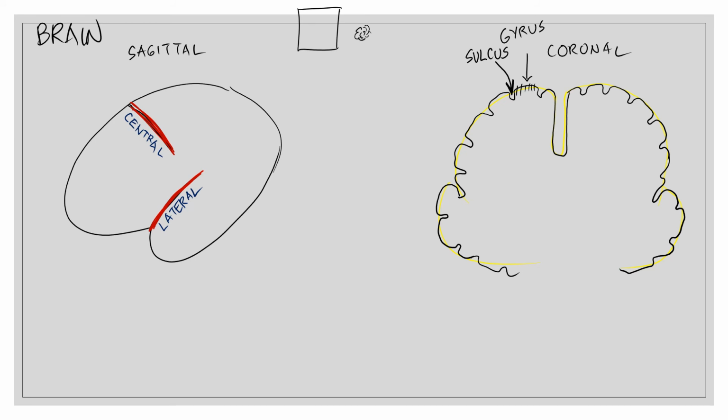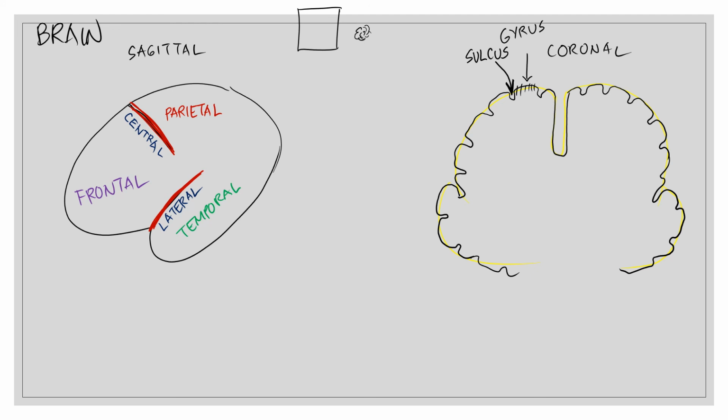Anyway, the most anterior part, anterior to the central sulcus, is called your frontal lobe. Just behind that is your parietal lobe. Just below, after the lateral sulcus, is your temporal lobe.